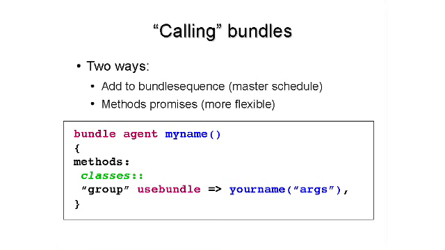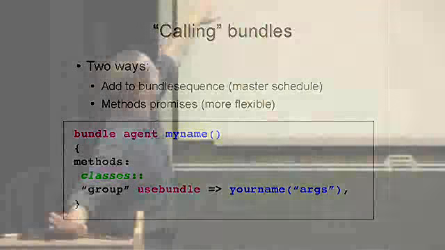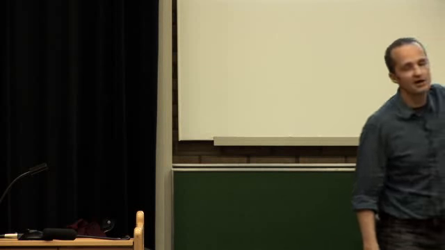So we would create bundle agent, some name, maybe it's main, called it my name here. And then we have methods promise within that bundle. A methods promise is a promise to use another bundle as a method. What that allows us to do is to call up a bundle called your name with certain arguments.